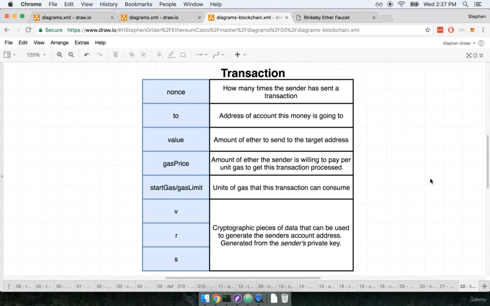This object has a variety of different properties assigned to it, which you'll see labeled over here on the left-hand side. We're going to walk through a couple of these properties and talk about their purposes. The first property on a transaction object is a number that tells us how many times the sender has sent a transaction. In this case, my server is the sender.